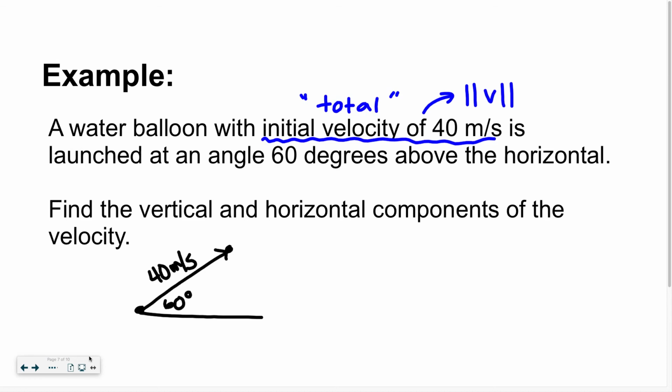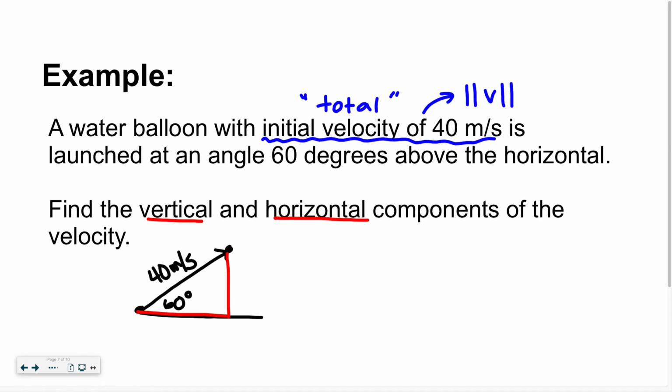Okay, so now we are going to break it down. If this is the water balloon, there's the velocity at which I'm throwing it up, but gravity is also acting on it. So there are different forces at play here, and we want to know the vertical and the horizontal components.